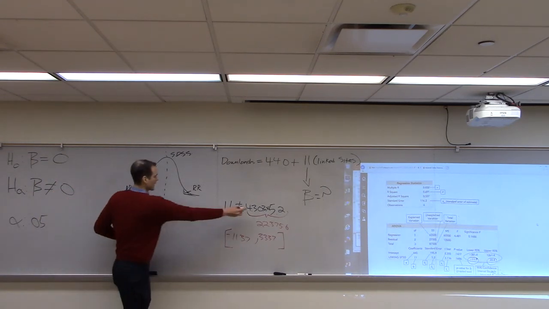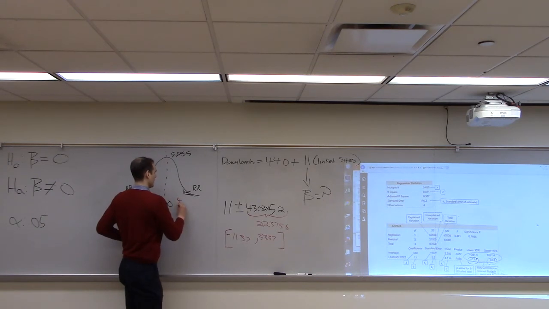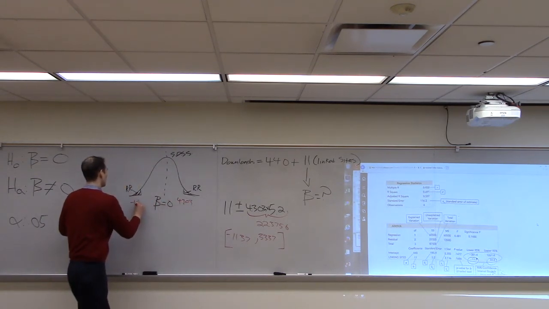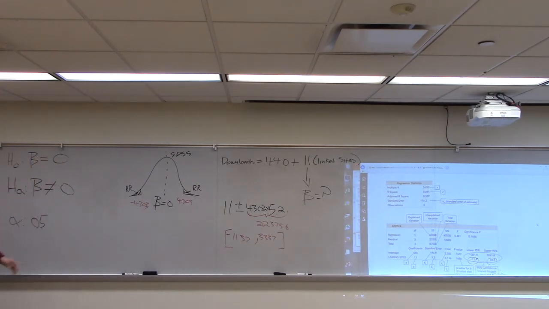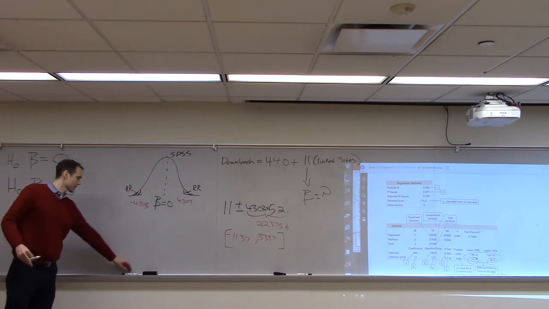The critical value is the same as it was for our confidence interval, 4.303 and negative 4.303. We are ready now to calculate our test statistic. I'll give you a minute because you're all looking down. So this is how we set up our hypothesis test.